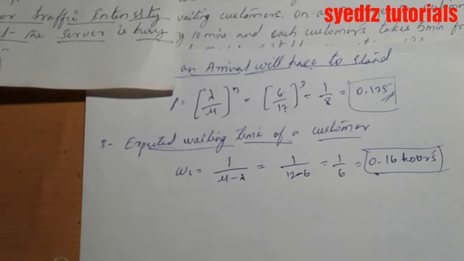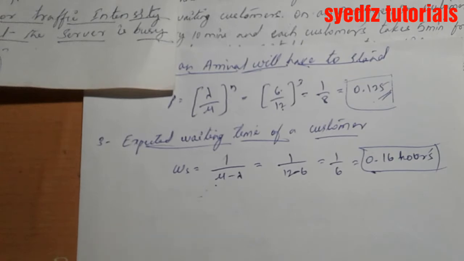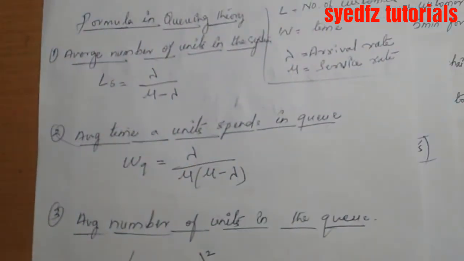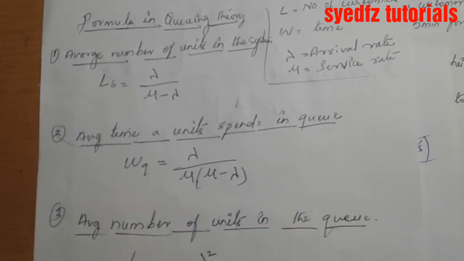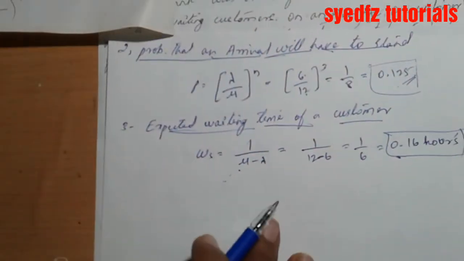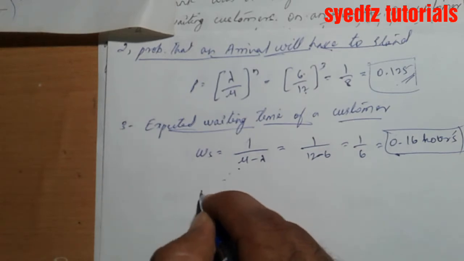If it is the expected waiting time of a customer, this is in the system. If it is in the queue, then we have to take the queue formula: average time a unit spent in a queue. Now we have to take this formula for the purpose of the queue because it's given customer time.